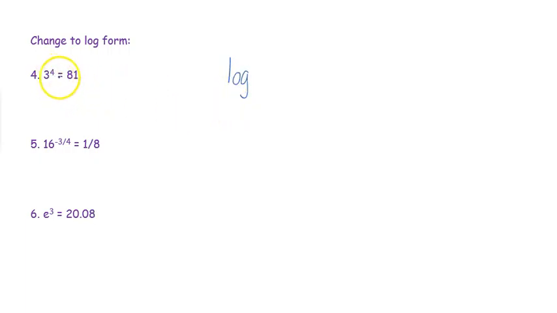And then I am going to look at that base and make sure I put it as a subscript, so base 3. The answer to the problem will come next, so the 81 will come here. And then the exponent on the problem is what this answer is, so 4. So there is my fourth example.